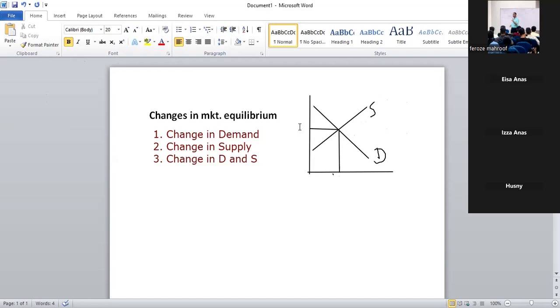So this is the equilibrium price and this is the equilibrium quantity.